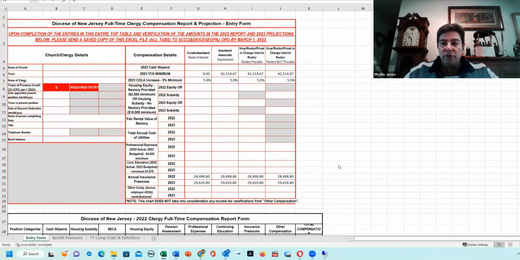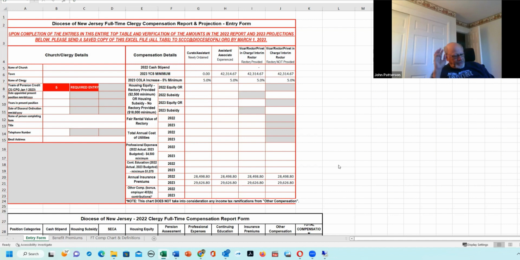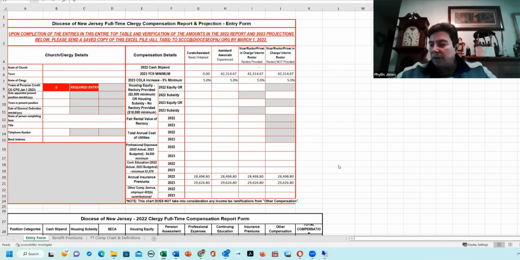Then on their W-2 form, they would show the $40,000 as their cash stipend rather than the $50,000 shown on this report. Those two numbers can be completely different. They're completely different reports. We just deal with them differently.